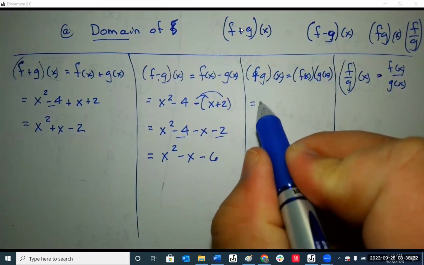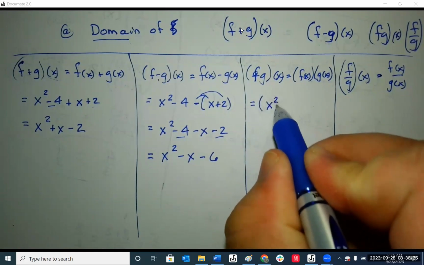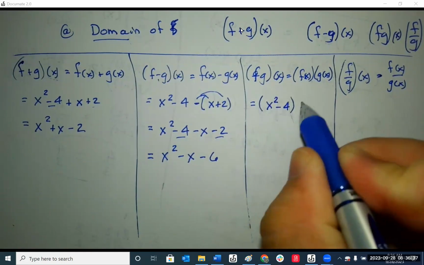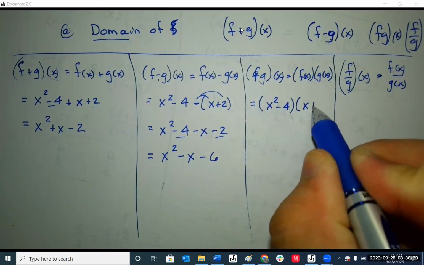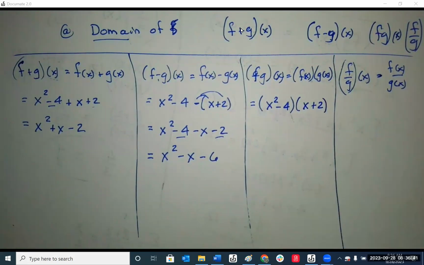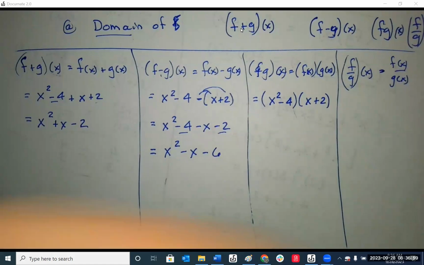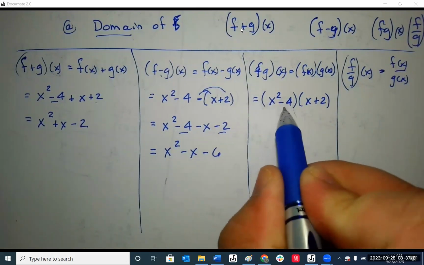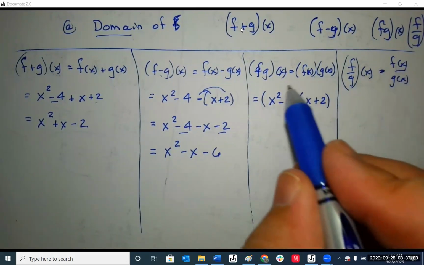Next one, we have x squared minus 4 times x plus 2. And now we have to use what's evidently called the FOIL technique. Both of these in the first parenthesis have to multiply both of those.